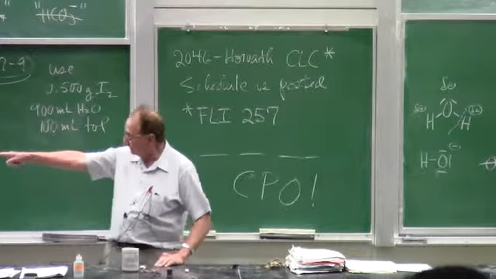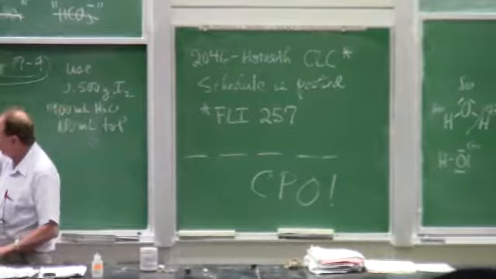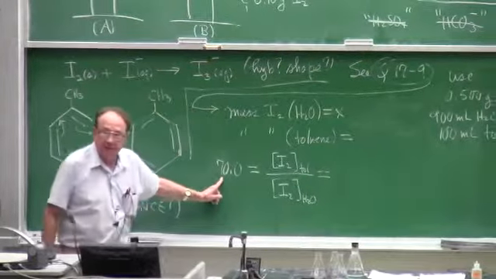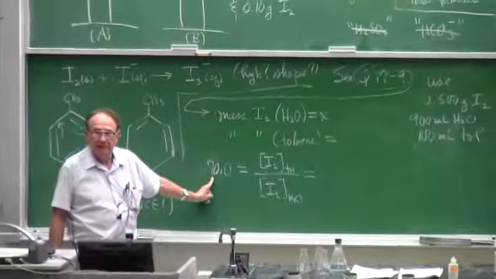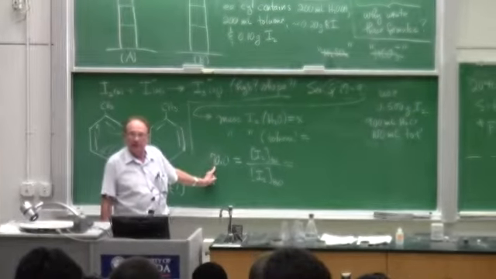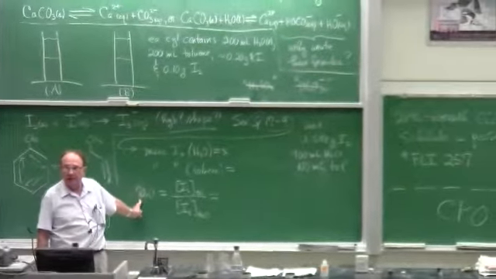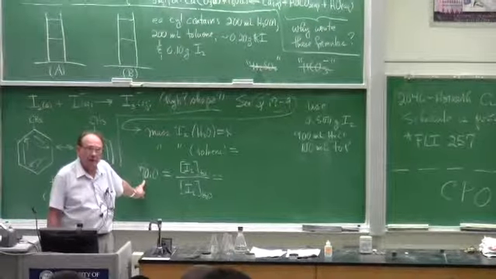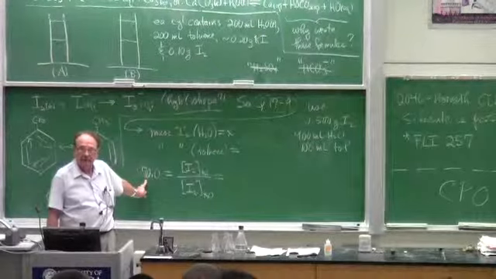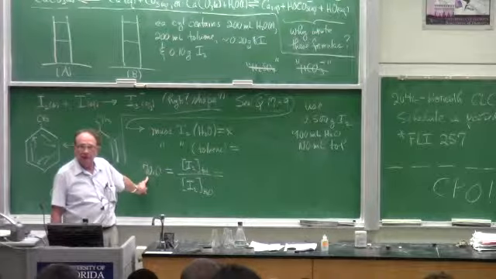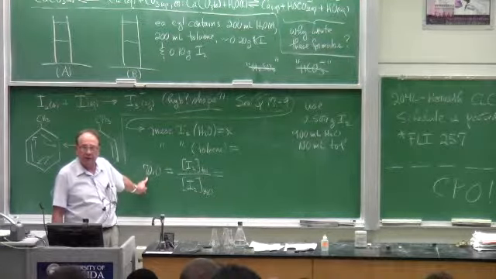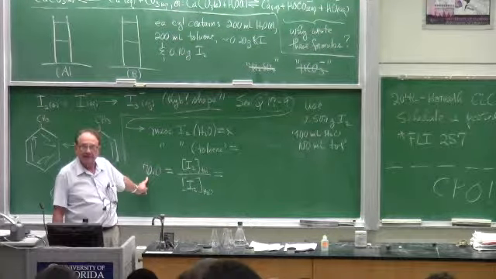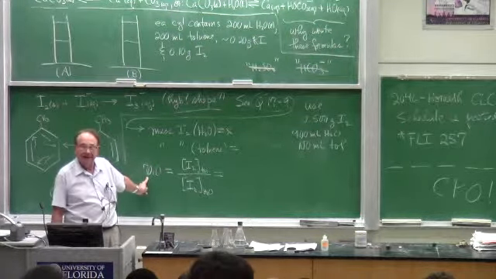You see that number? Among other things, this number means that if I want to distribute I2 between a mix of toluene and water, and I want most of the I2 to wind up in water, the volume ratio of water to toluene has got to be bigger than 70 to 1.